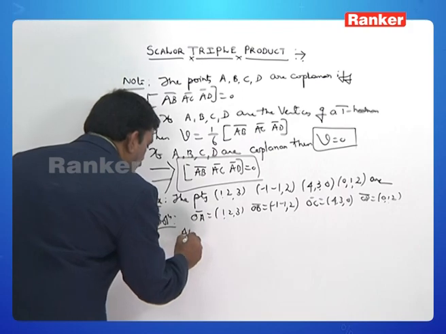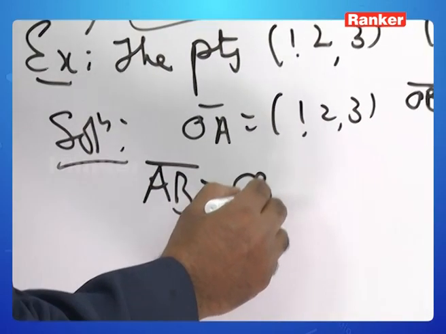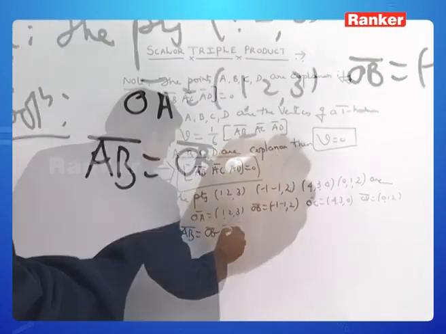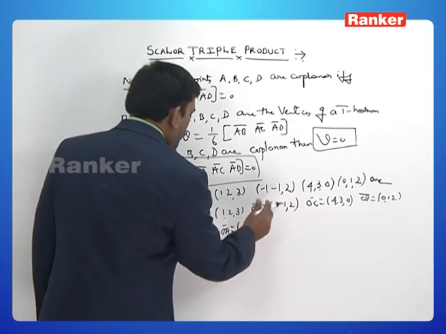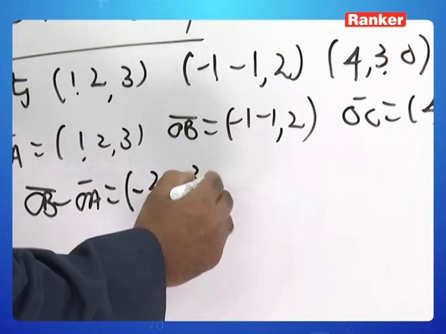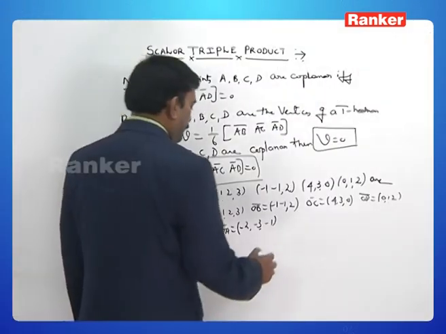First you find AB bar. What is AB bar? OB minus OA. This minus this, minus 2. This minus this, minus 3. This minus this, minus 1.